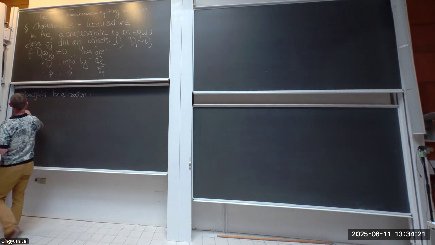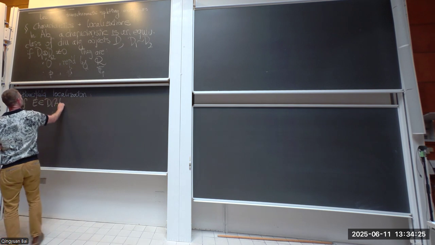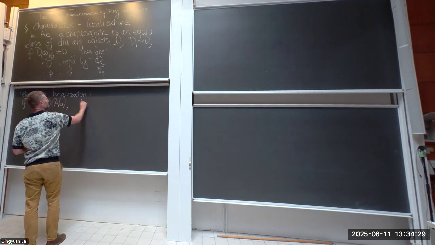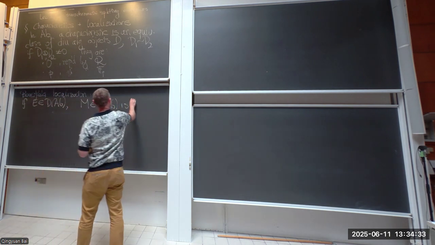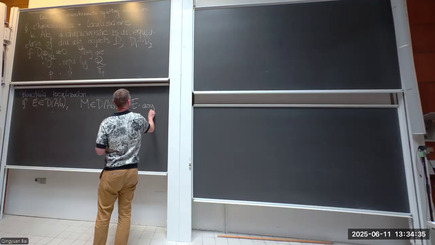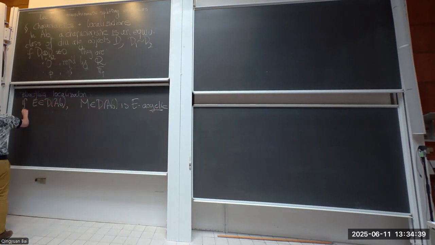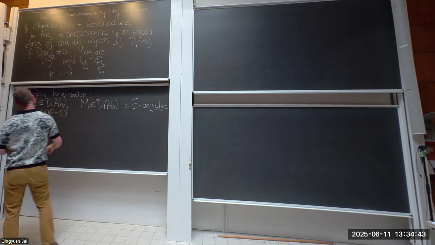So let's have an object M in the derived category of abelian groups, some arbitrary object. M is E-acyclic simply if the tensor product between M and E is 0.